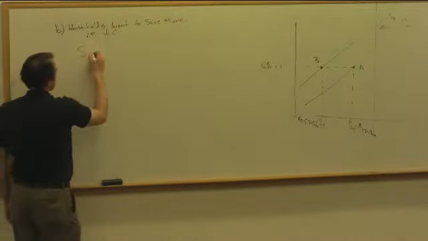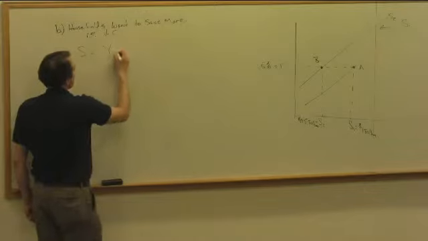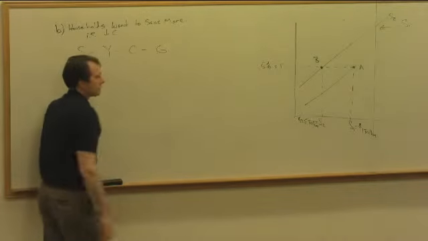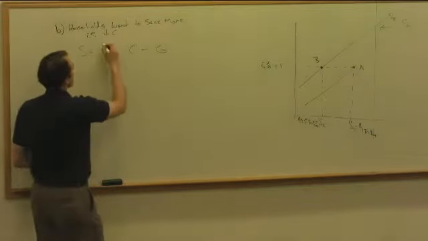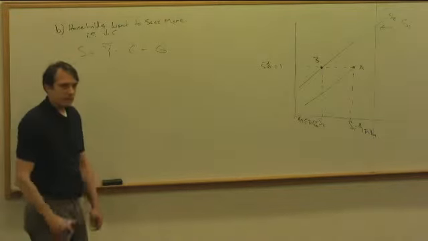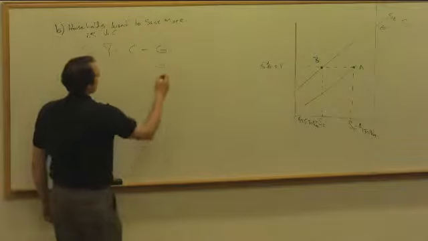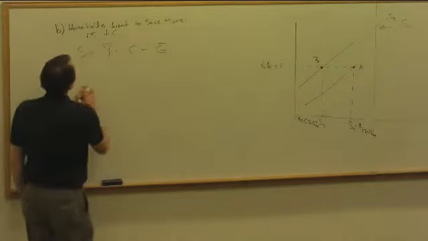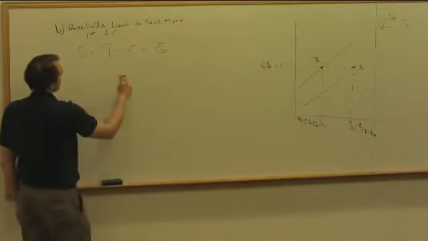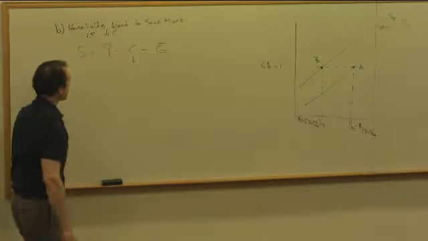Well, remember, national savings is real GDP minus consumption minus government expenditures. We want to hold everything except consumption constant. So real GDP is going to be constant. Again, think of that as fixed at potential output. Now government expenditures are going to be constant. They're not changing.